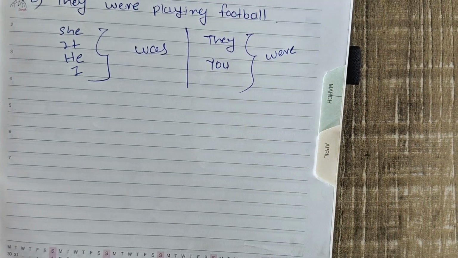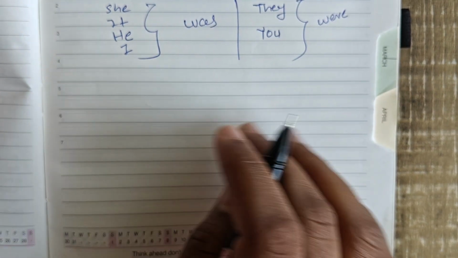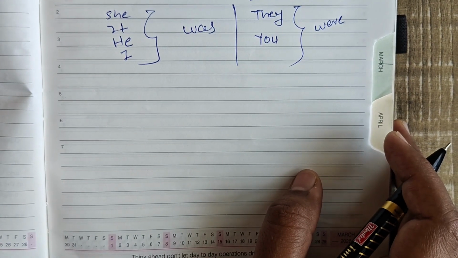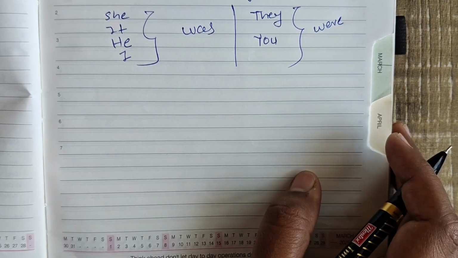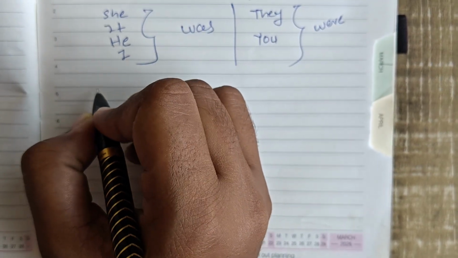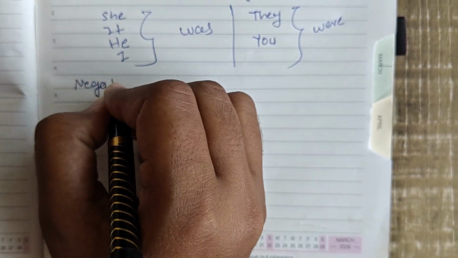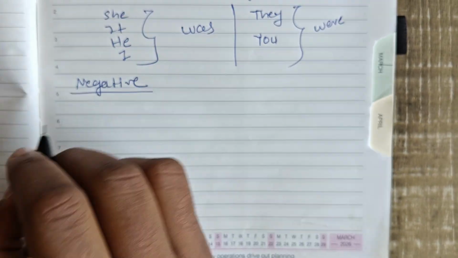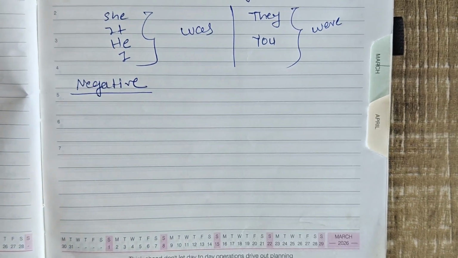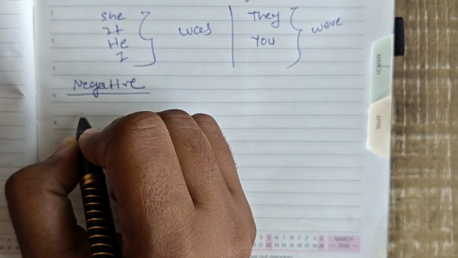We just have to practice it regularly, then we will remember. Okay, so now we have seen the positive sentences. Now just look at the negative sentences. The structure will remain the same, but not will come in between, after the helping verb.